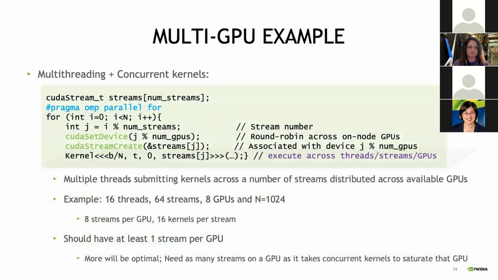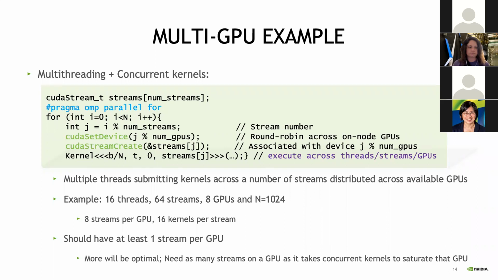And how this fits into our bigger picture of multi-threading and CUDA concurrency, it would look something like this. In this case, we have a number of streams that we create, and then we have our OpenMP parallel for loop. Presumably this would be a big loop that would have a bunch of different pieces of computation inside of it for our on-node CPU parallelism. And this is just an example for one of the presumably many kernels that would exist inside of this big OpenMP parallel for loop.